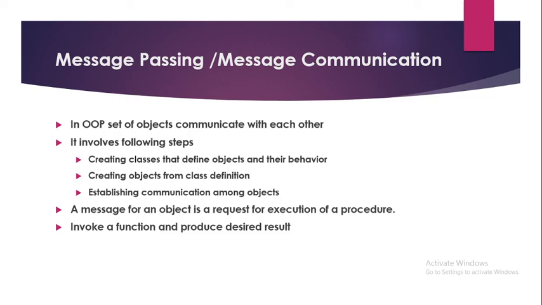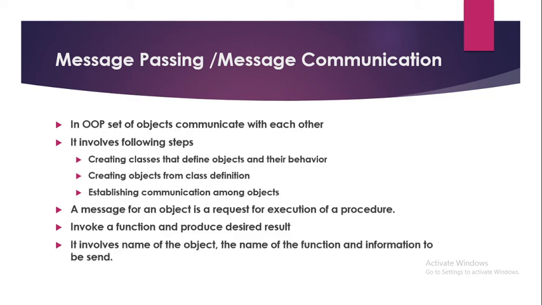When the required function is invoked and executed, it produces the desired result. So message communication involves the name of the object, the name of the function to be executed, and the information to be sent.